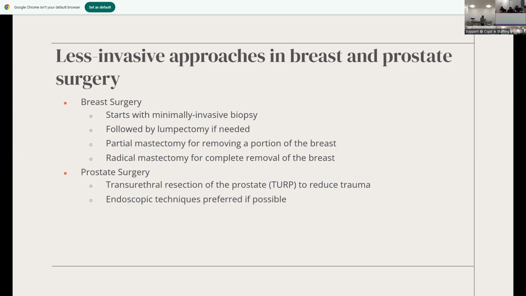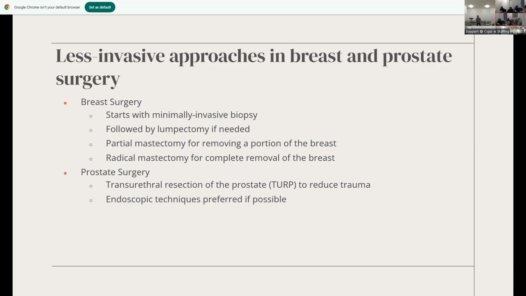If you get the meaning of the word from the beginning, it's easy to keep linking it. Right. Okay. Mastectomy is for removing a portion of the breast. The radical mastectomy is for complete removal. It means that, excuse me to say, if they do that, you probably have to wear an artificial breast. Okay.